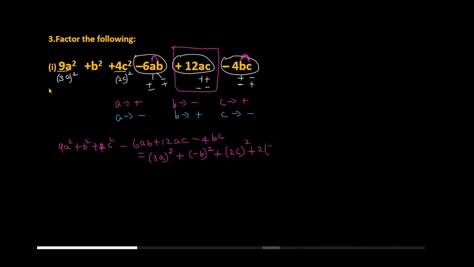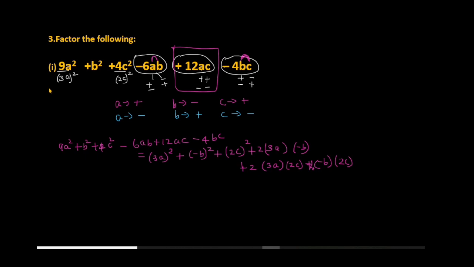So our a is 3a, our b is minus b. Then 2 into ac, next 12ac. So our a is 3a, our c is 2c. Plus next, the last term 4bc. So 2 into b is minus b and our c is 2c.